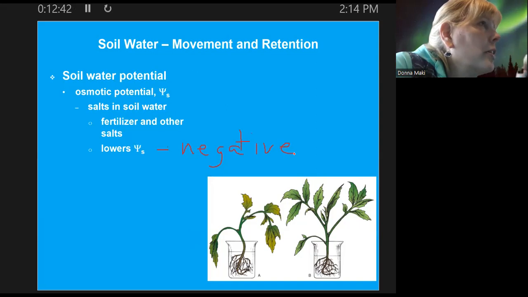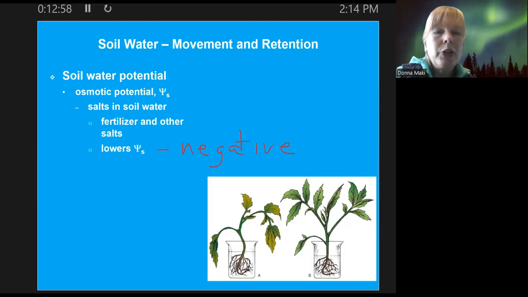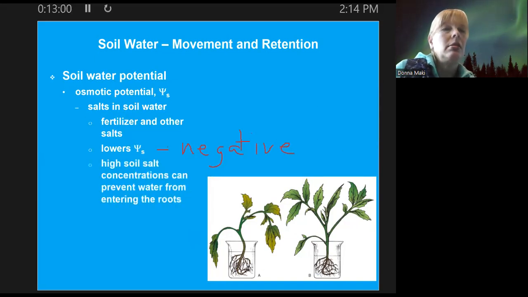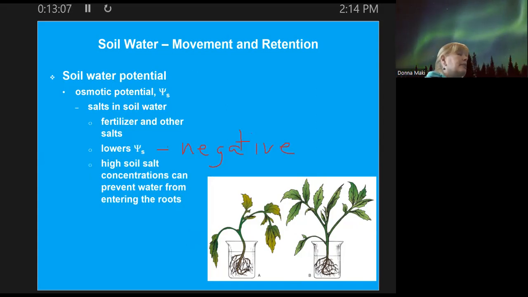More solutes, more negative psi sub s. So that component can create situations where, if you have high salt in your soil, the plant has a really hard time taking up water from the soil because the soil water is so salty.